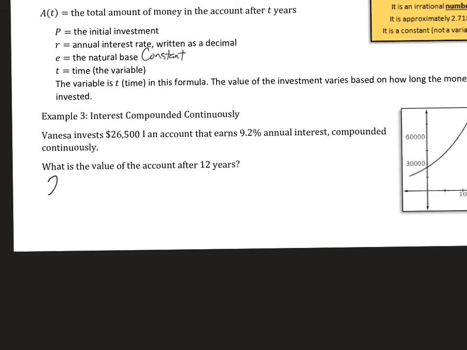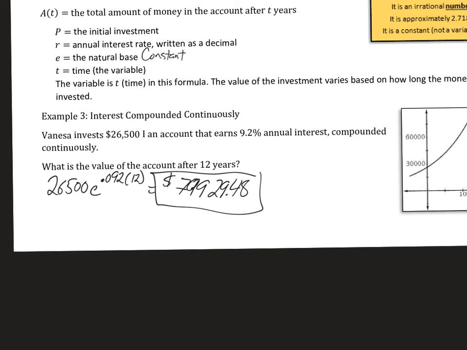So we have 26,500 e to the, okay, so r is my rate, so 0.092, and my amount of years is 12. So that's going to tell me that it is 79929.48.